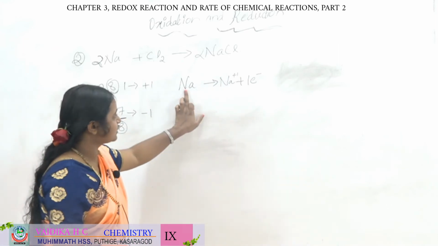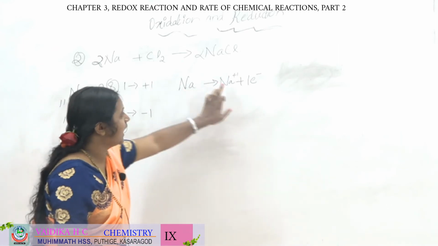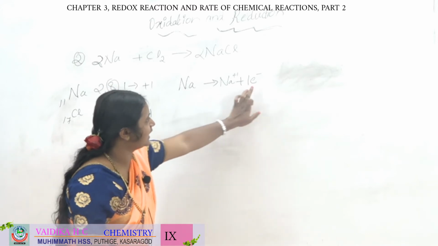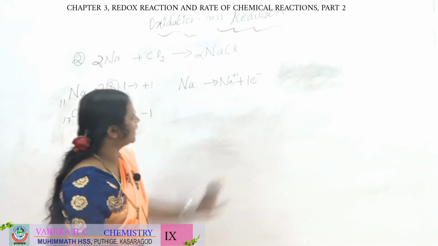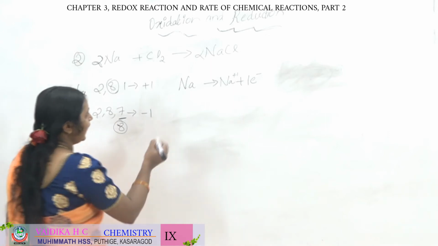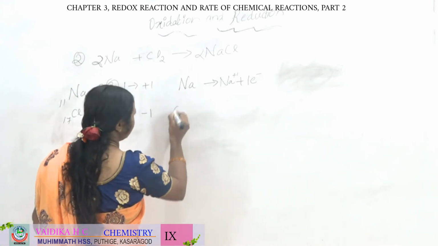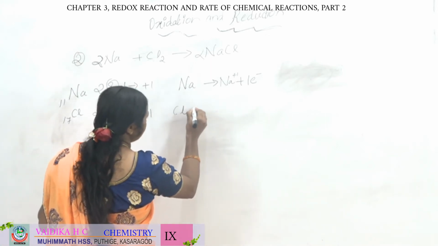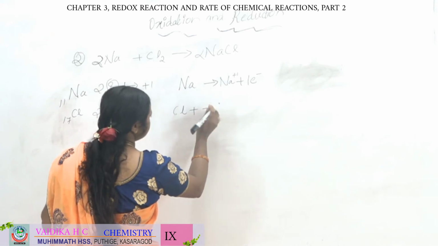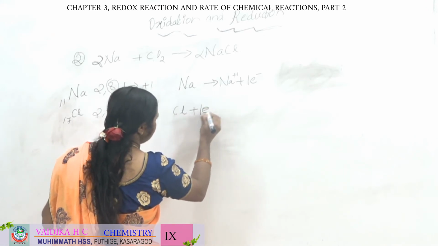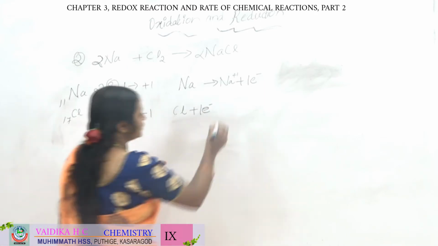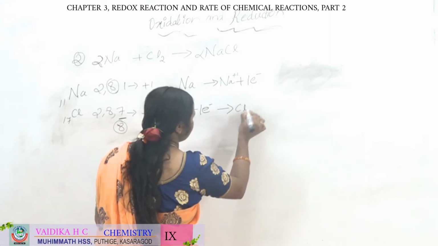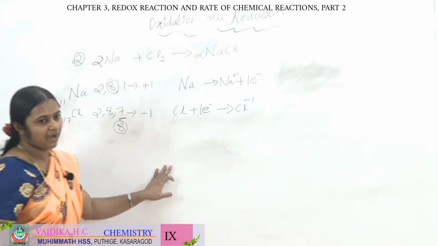Here sodium is in the atom state and here it is an ion. It will donate 1 electron, and this donated electron can be gained by the chlorine. So what happens? Chlorine forms the ion Cl-1.